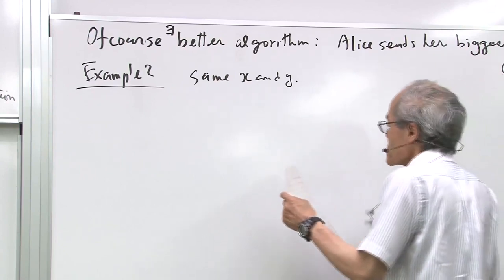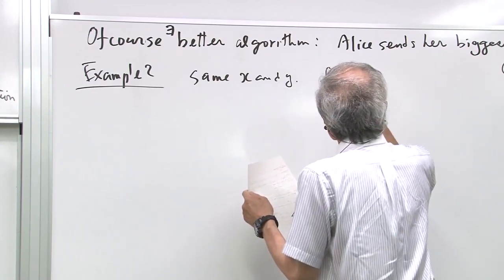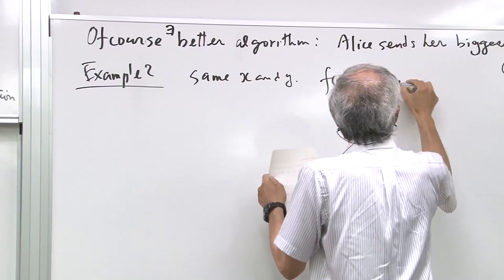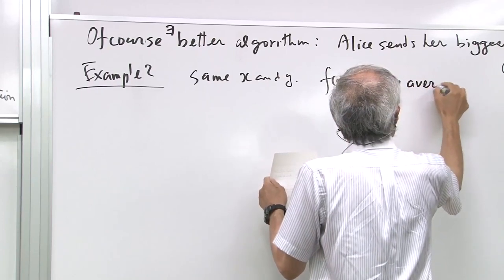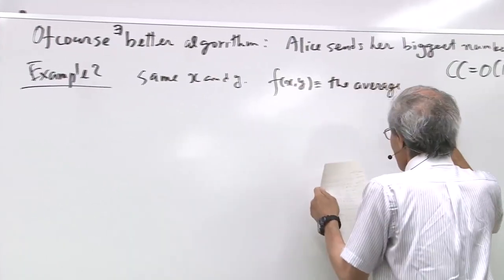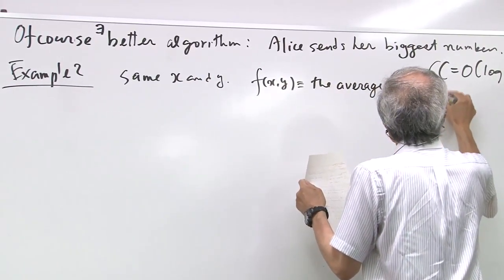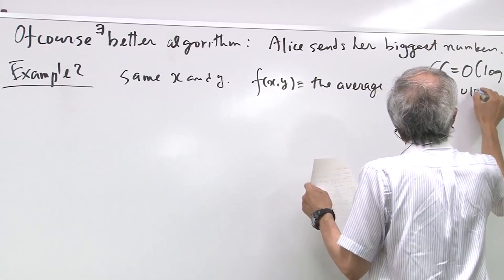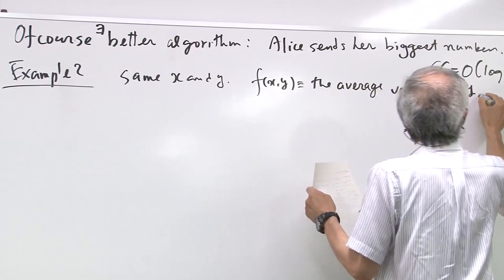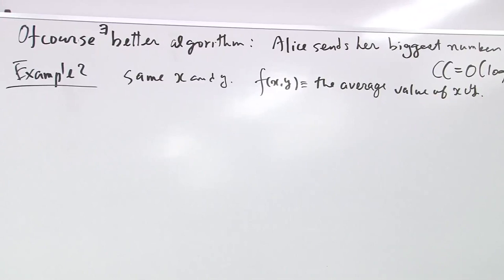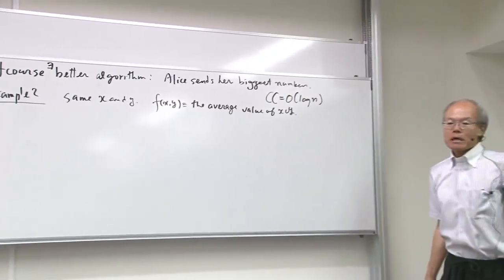And function f is the average value of x union y. Okay?